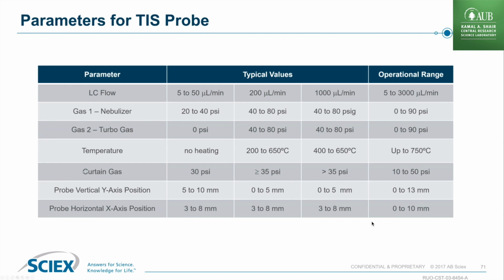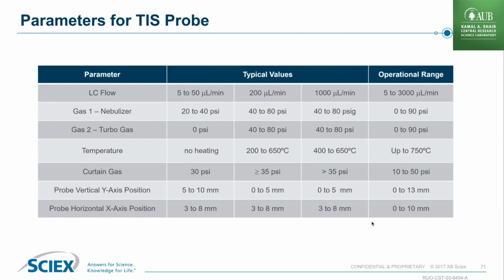That's technically part of the interface, so we'll get to that in the next section. And like I said, the probe position, especially at the beginning, I would just leave it in the middle and not touch it, not play with it at the beginning. Personally, I rarely ever touch the probe position. So those are the typical flows based upon the LC flow.